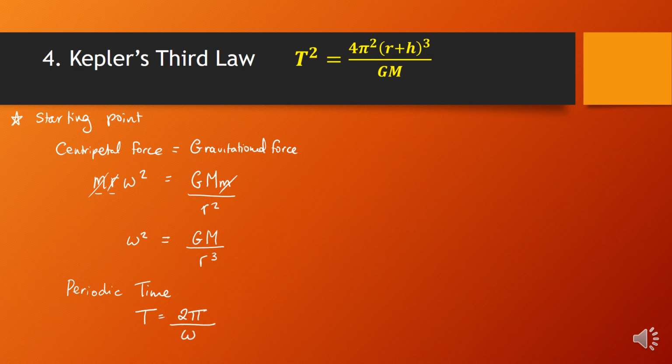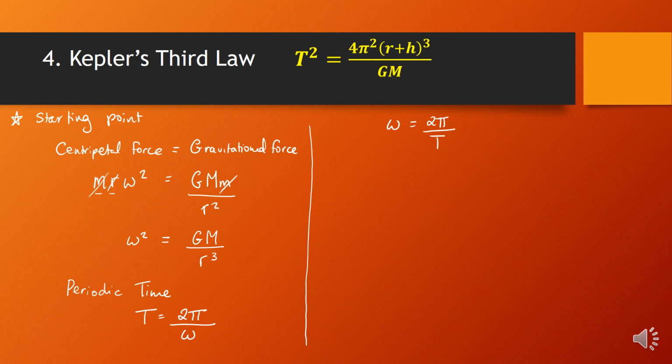So how long did it take the orbiting object to complete a full revolution? And just manipulating that a little bit so that we get omega equals 2 pi over T. Is that okay?